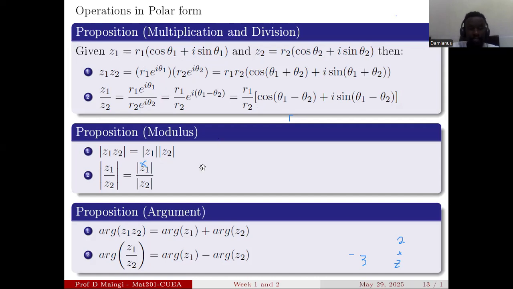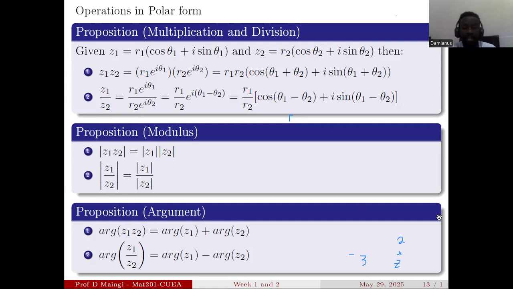Then the proposition here: the modulus of the product z1 times z2 is the same as the product of the individual moduli. And likewise, when you take individual moduli and divide, it's the same as dividing first and taking the modulus.